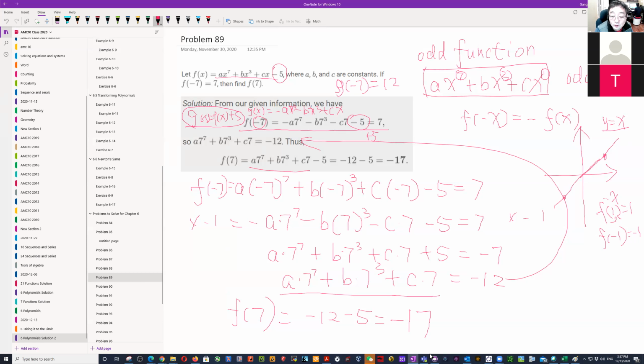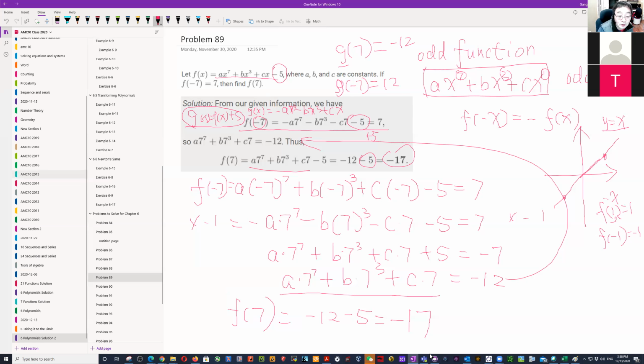So g(7), because it's an odd function, is just going to be negative 12. So g(7) is negative 12, and then the relationship between g and f is that f is g minus 5. So it's going to be minus 5, get back to negative 17.